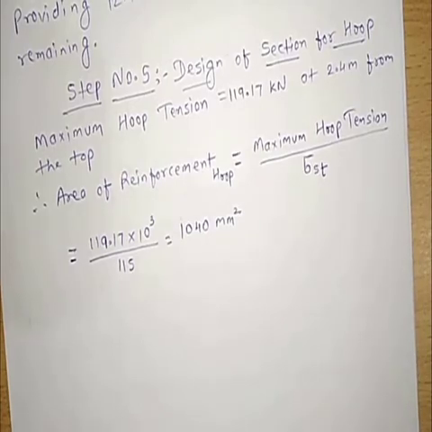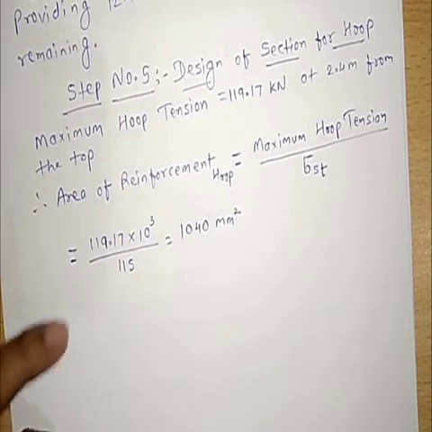So this is the area of the ring, or area of the hoop reinforcement. Now this hoop reinforcement is to be provided on both the faces, and therefore the area of the reinforcement on each face would be half of this total area.